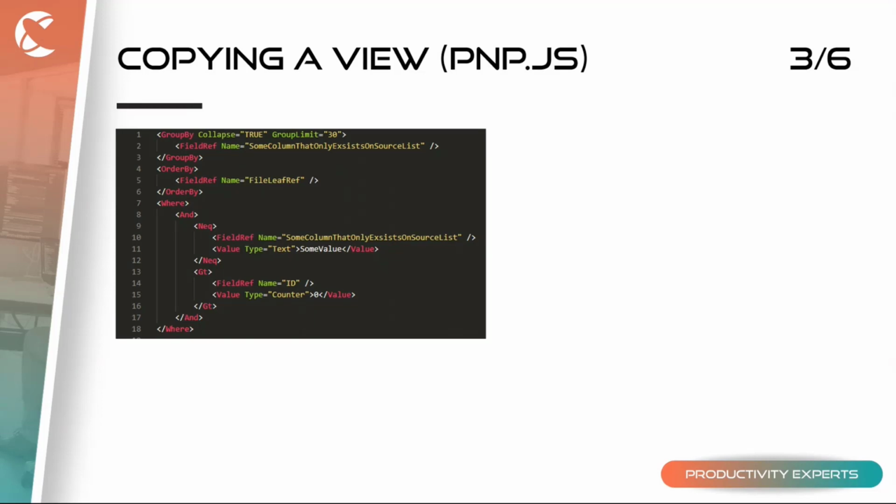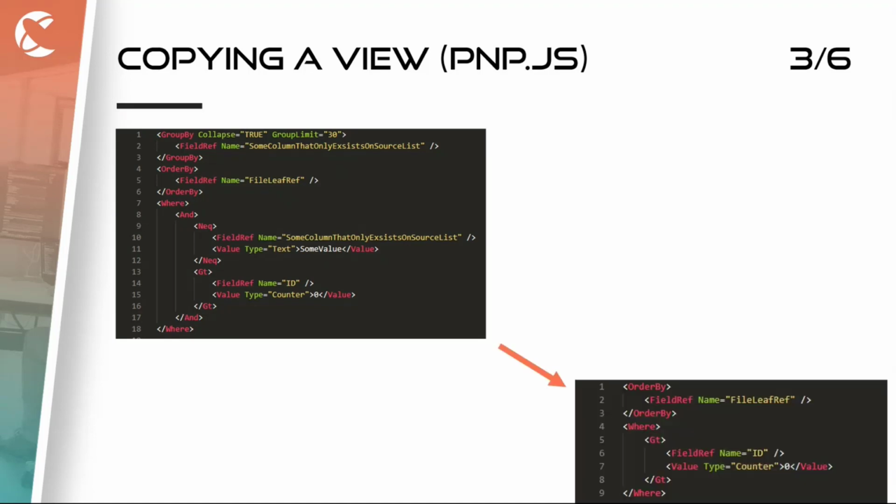In the end, if you have some column that only exists on my source list, then this view query needs to be parsed and changed. If we have to remove that column, it will need to look like the following on the right-hand side of the screen. The eventual view query that we use needs to be cleaned up, and field references need to be removed, etc. So how can we do that?